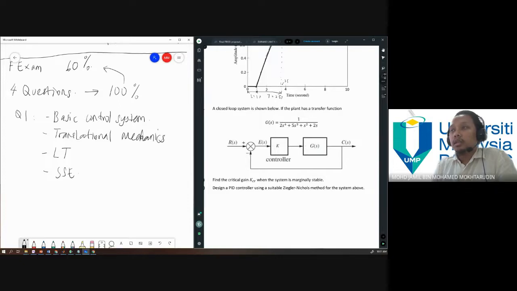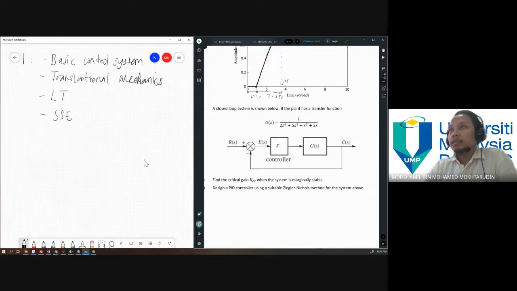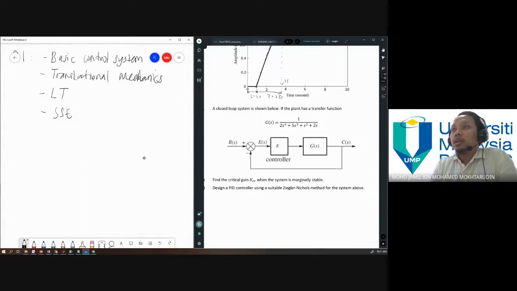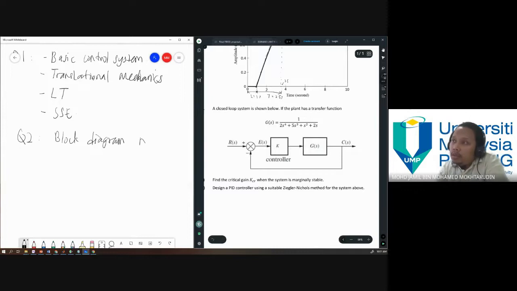So there are 4 things in question 1. Question number 2, I think it's about block diagram reduction and root locus.